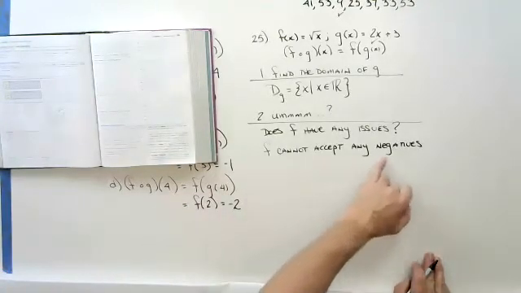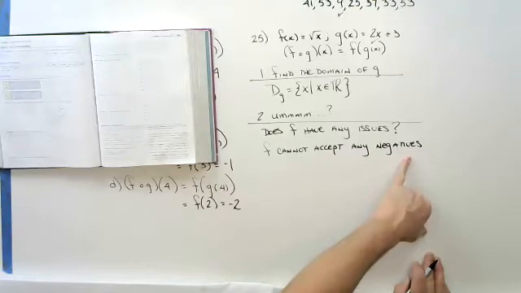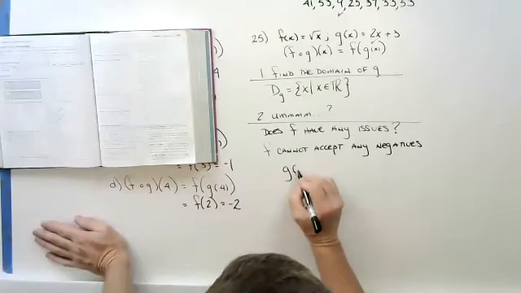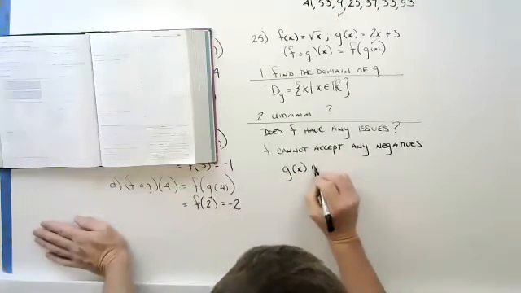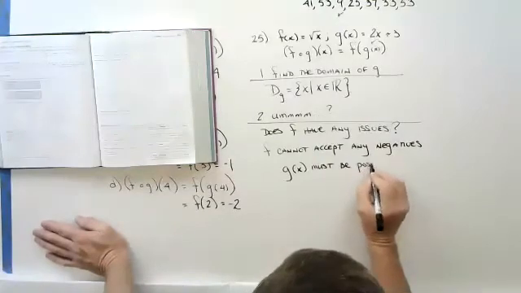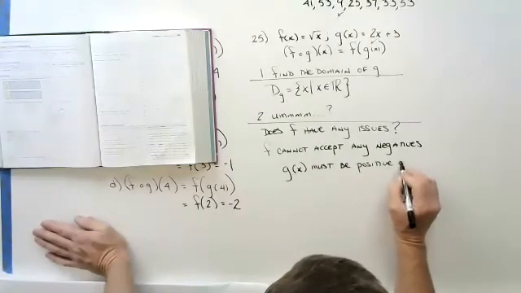So f can't take any negatives, which means g of x must be positive or 0.